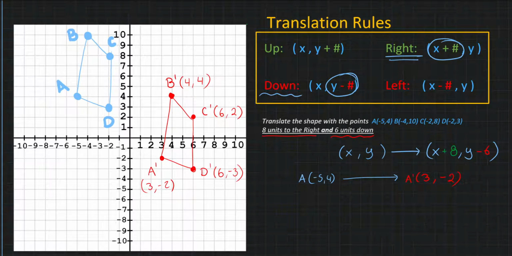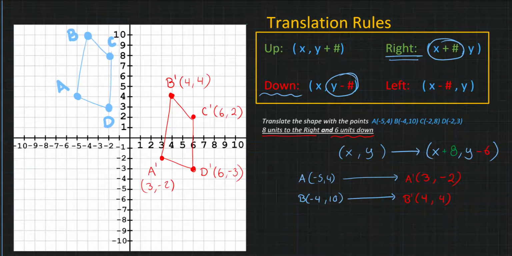Now we go to B. The pre-image B was -4, 10. Slide it in our transformation here. And our B prime should be -4 plus 8, which is 4, 10 minus 6, which is 4 again.